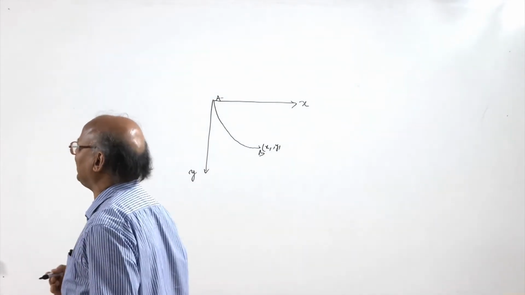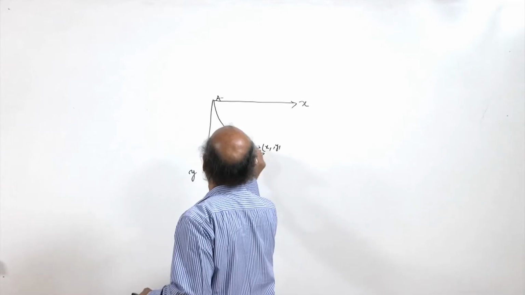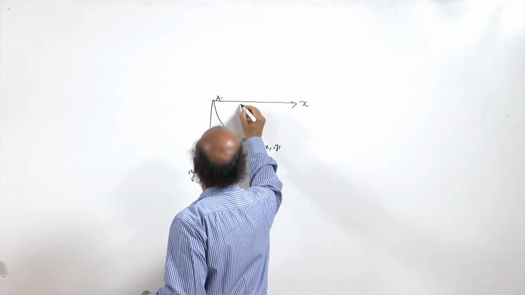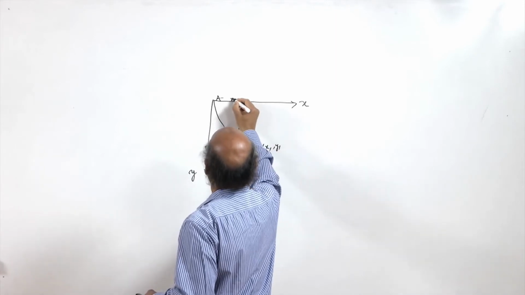So then we assume that the particle starts sliding from the point A along the curve AB with 0 velocity, and let us take any arbitrary point P on its path. So the coordinates of P are, let us say, (x, y), where y is this vertical height and this is x.